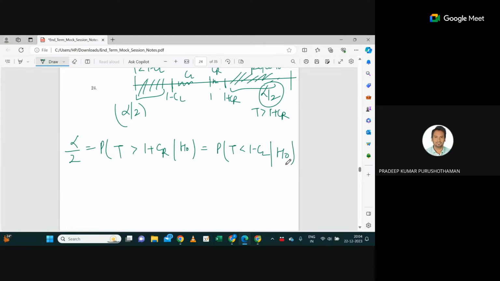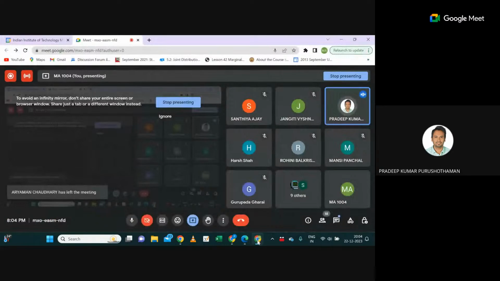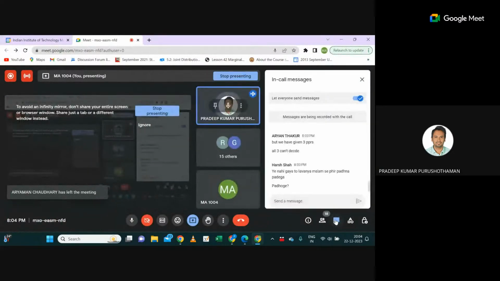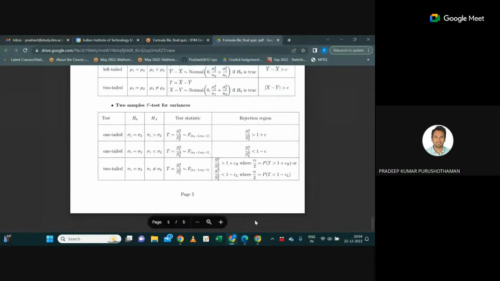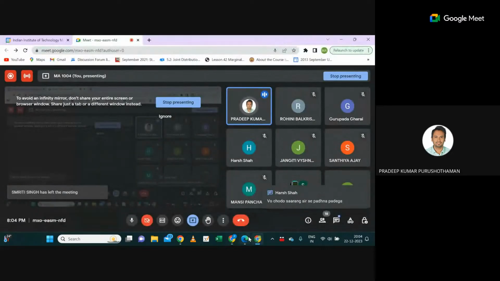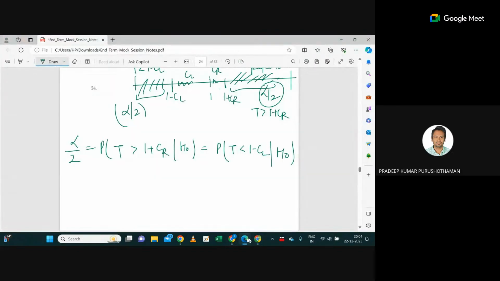I don't have the exact example I was looking at, but one thing I noticed is that when we take T greater than 1 plus CR, we write it as 1 minus the probability of T less than 1 plus CR.